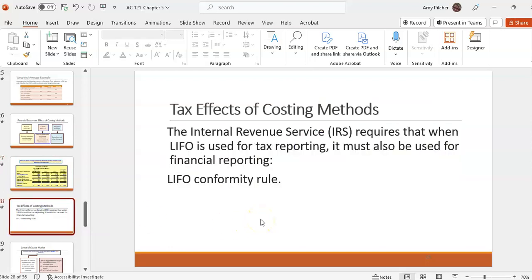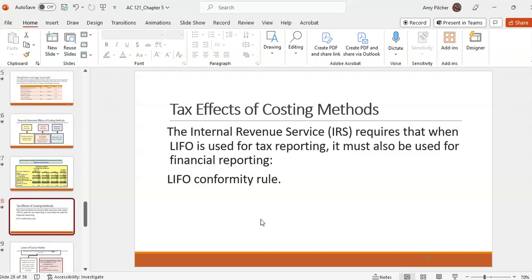Okay, so tax effects of costing methods. Companies that want to use LIFO for tax reporting to get that cheaper tax available to them must also use it for financial reporting. So companies can't just choose to use LIFO for the tax benefits.